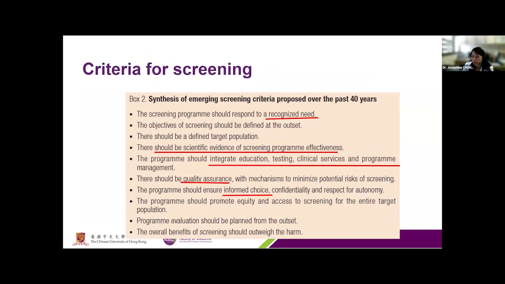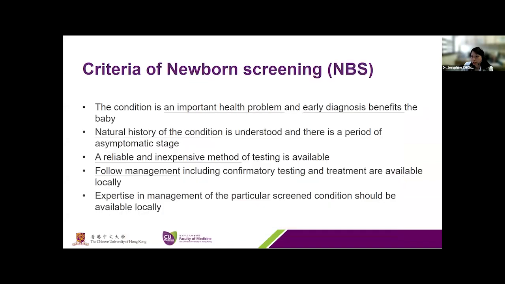That means a certain population may have a higher incidence of a certain genetic condition, and in that case those items may not be put in other areas, but it is a localized practice. Some of the conditions we may not understand much, but when running the screening, it should be a program that involves education, testing and also quality assurance.